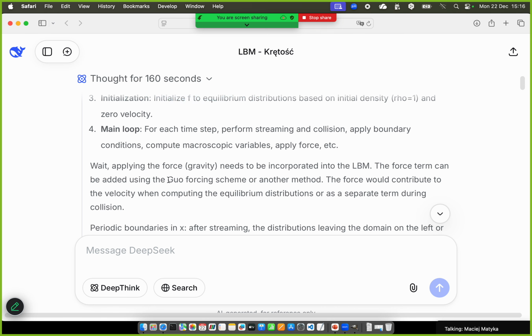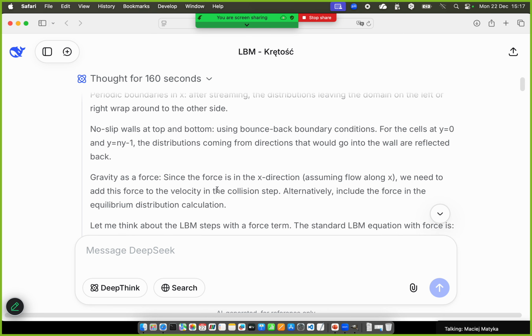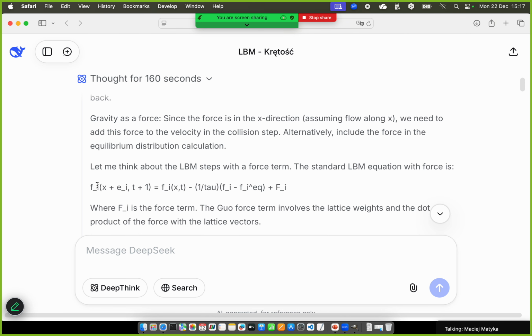So for instance, Guo forcing is a standard method for incorporating external body force into lattice Boltzmann, which this language model is getting from the literature, from the knowledge, and step by step it is formulating the problem in terms of mathematical description.